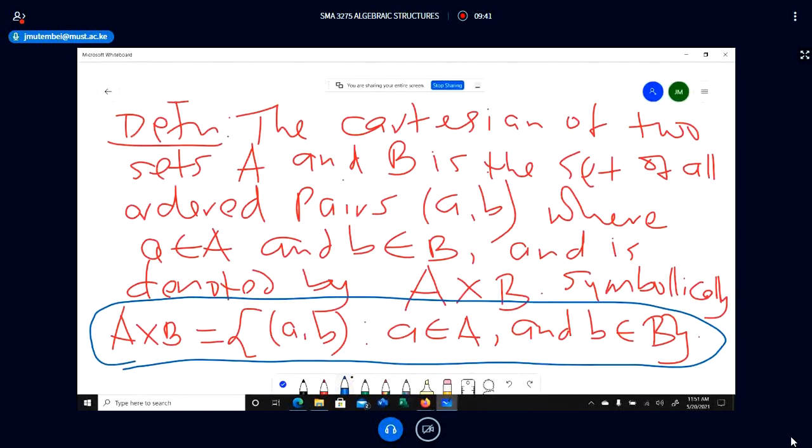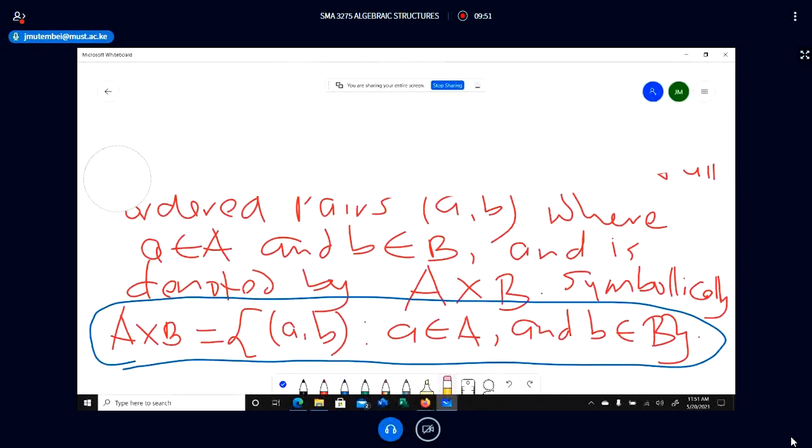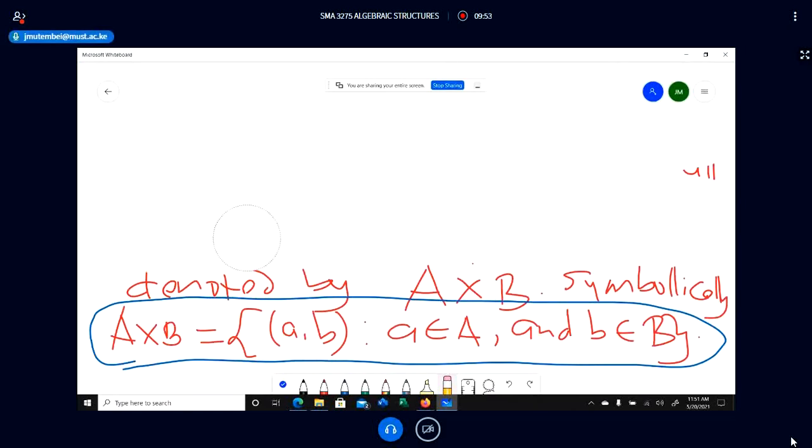Now if we reverse this order, and we want the Cartesian product of B and A, it will be the set of ordered pairs (b, a).